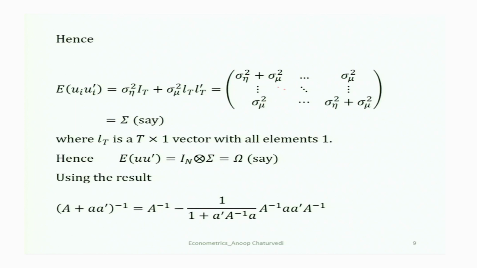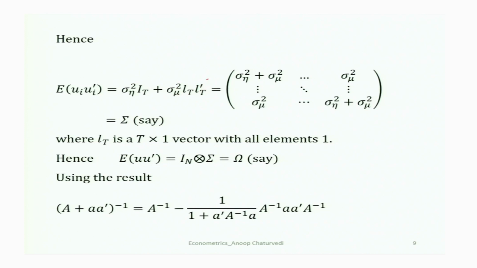Then you can write it as, in the diagonal you have sigma square eta. So, you can write it as sigma square eta into I_T plus sigma square mu into L_T L_T transpose.